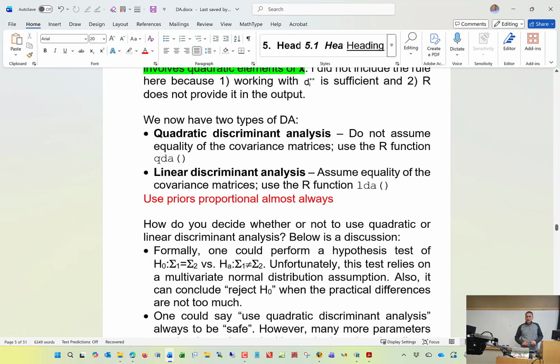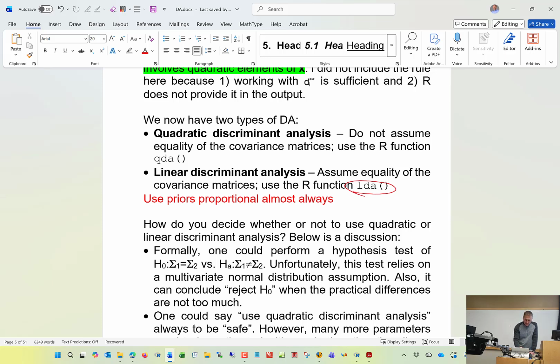Okay, so big picture. We now have two different types of discriminant analysis. Quadratic, where you assume your covariance matrices are unequal. Linear discriminant analysis, where you assume your covariance matrices are equal. To do the linear, we use the LDA function.